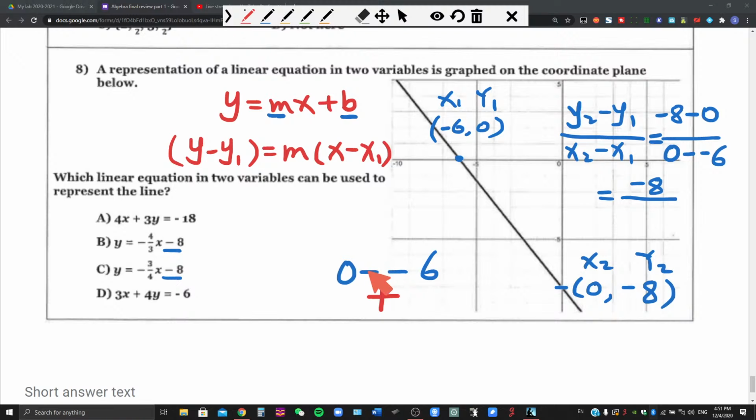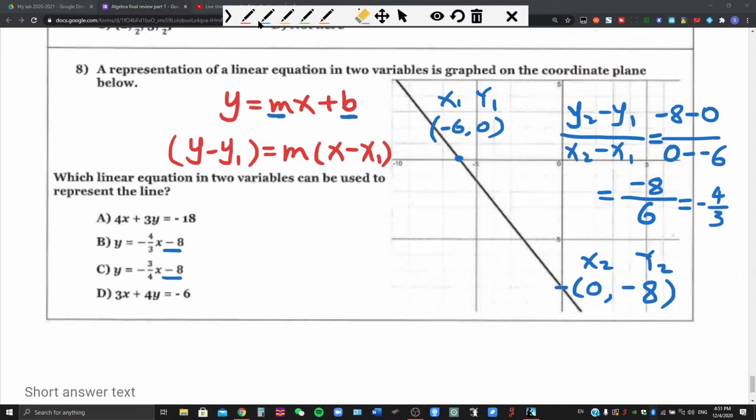And that will be negative 8 over 6, or negative 4 over 3, because we divide by 2 on both top and bottom. That's the m.